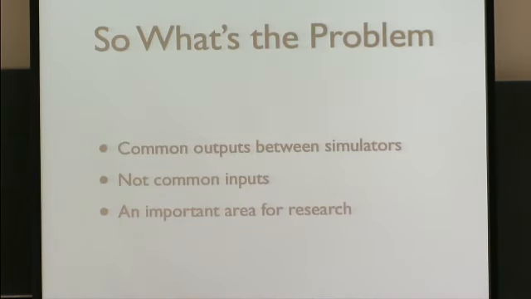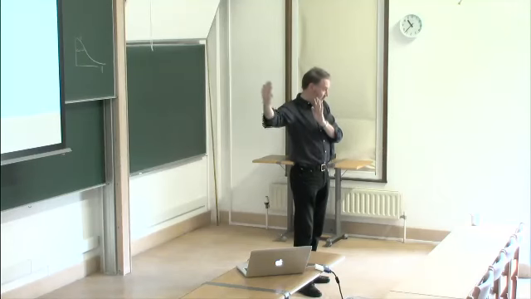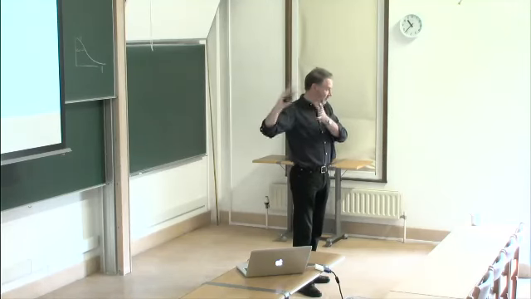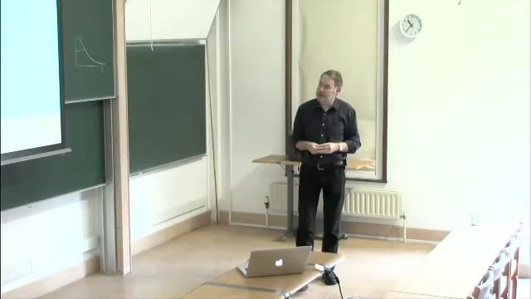So the input spaces are not comparable. There are common outputs, so we can actually locate them in output space, but we can't actually locate them in input space. If you have a traceable hierarchy, then yes, you can lock them into at least subspaces on the way up, so you can do some quite nice things there.